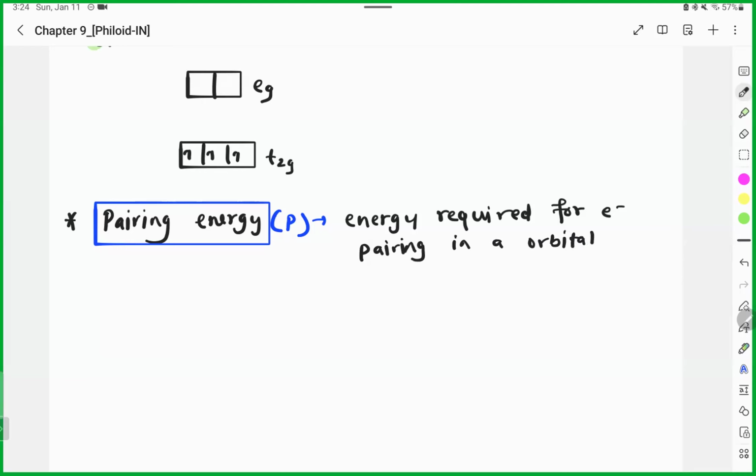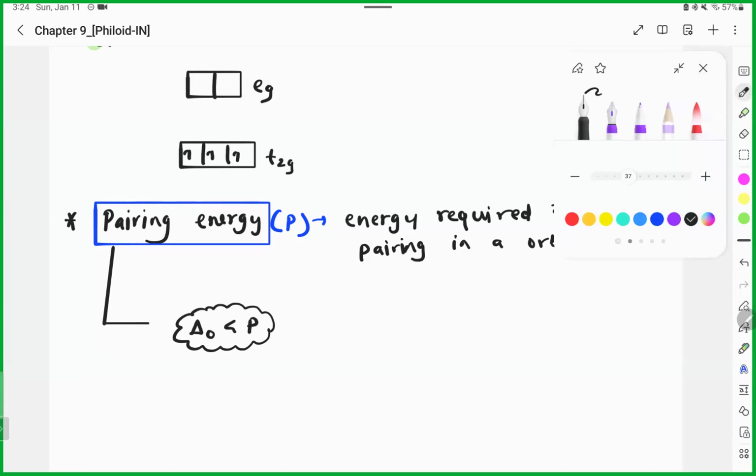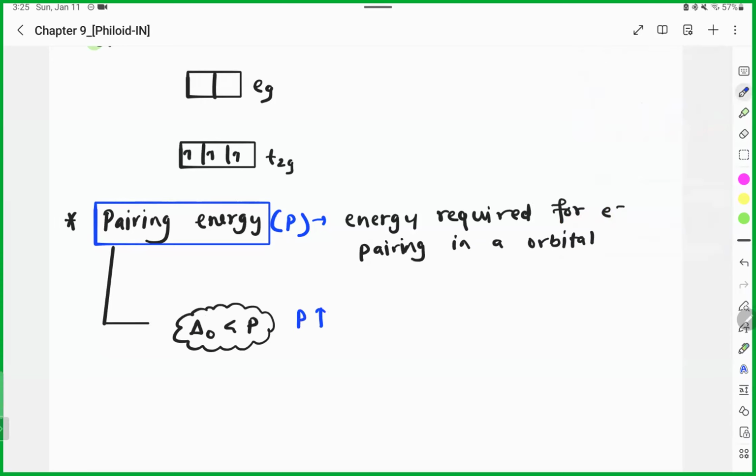Pairing energy is the amount of energy required to fill both electrons in a single orbital. So there are two situations. If your crystal field splitting energy is less than the pairing energy, Jordan, what does it indicate? This pairing energy is very high. Yes, sir. It means pairing is difficult.